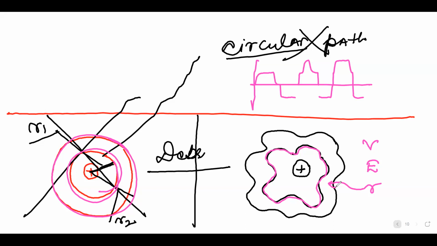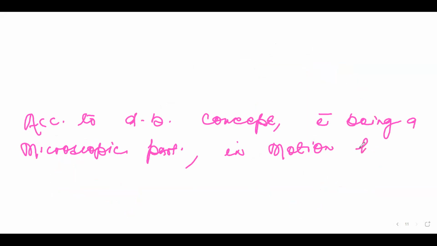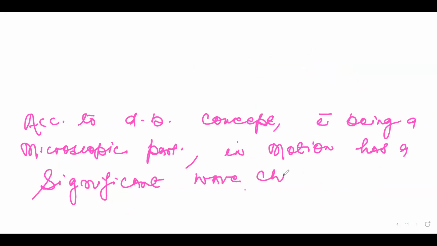According to the de Broglie concept, electron being a microscopic particle in motion has a significant wave character.